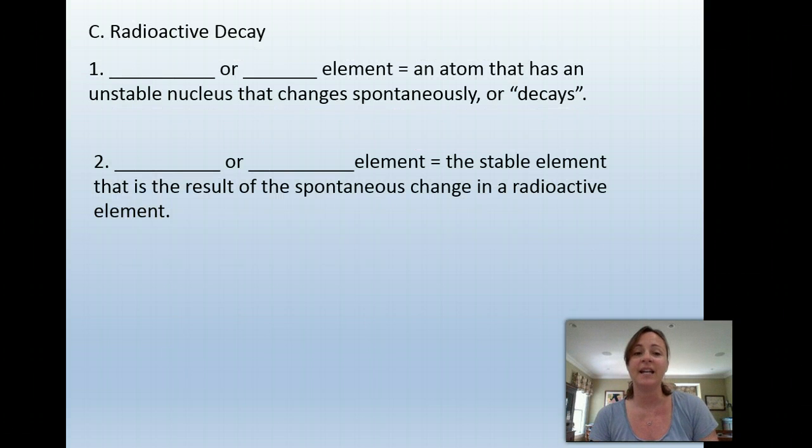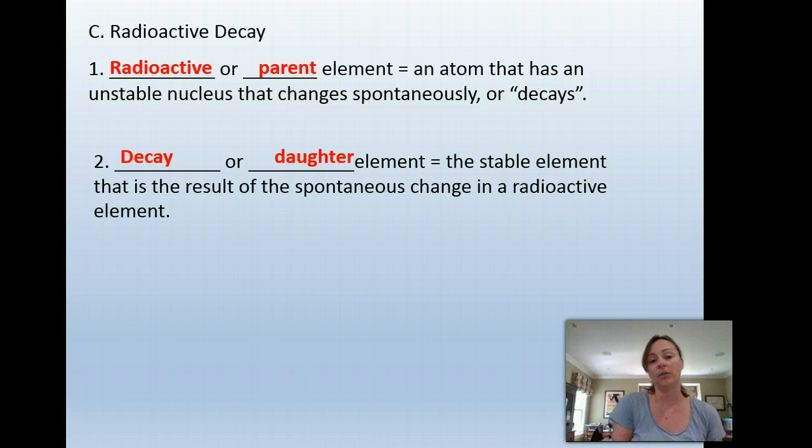Radioactive decay is when a radioactive element, known as the parent element, changes spontaneously or decays. Because the nucleus is unstable, it will change over time. This will change into a daughter element, or we can say decay into another element that is more stable.